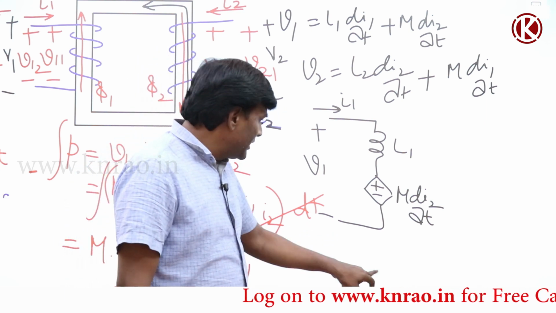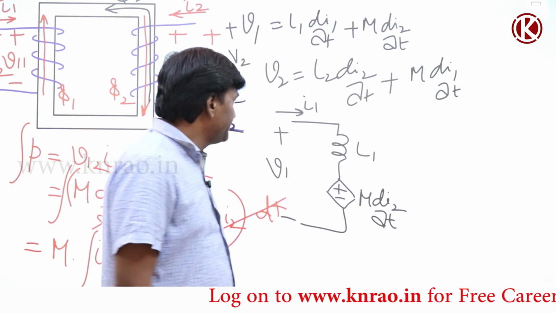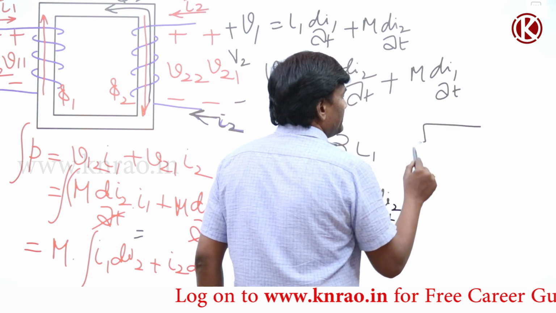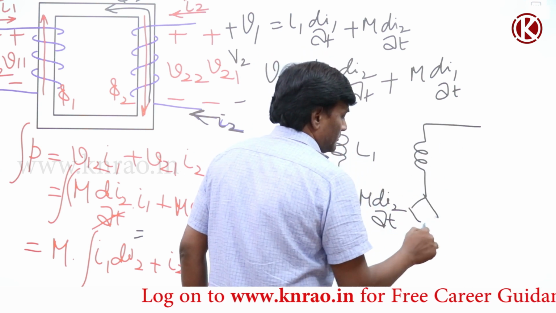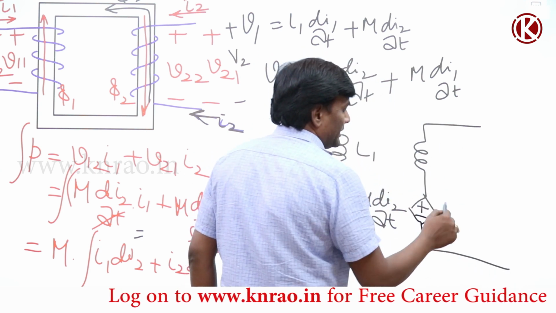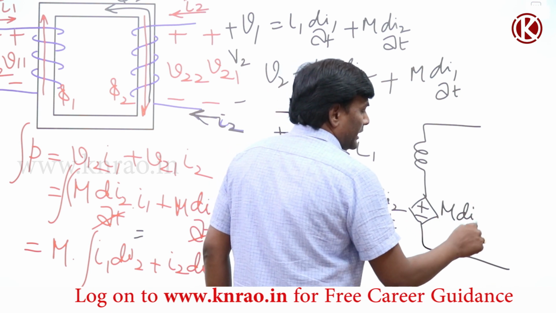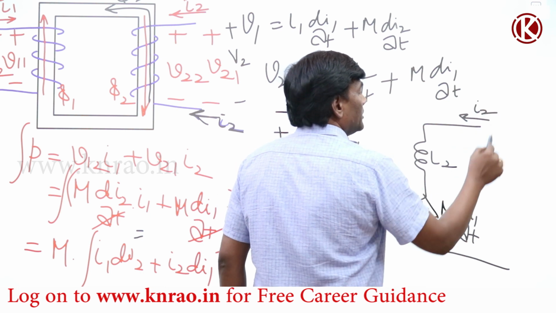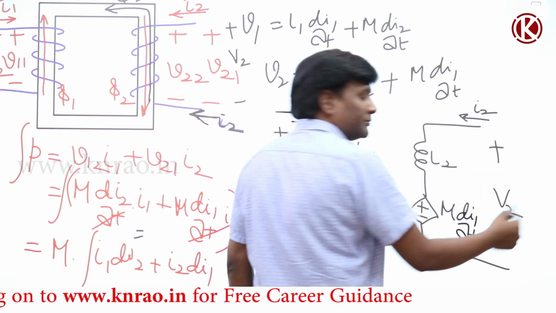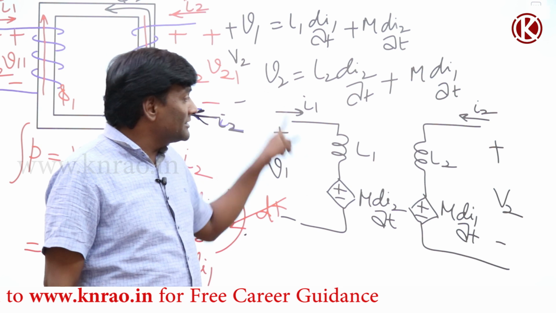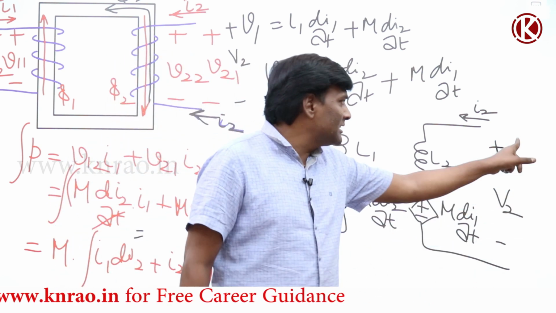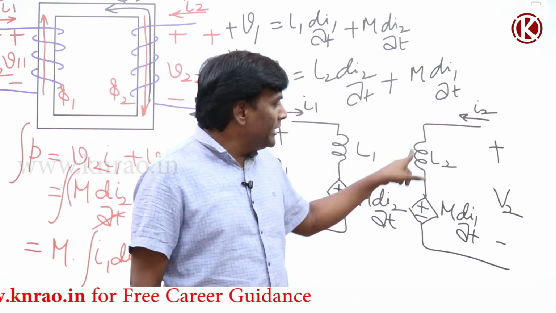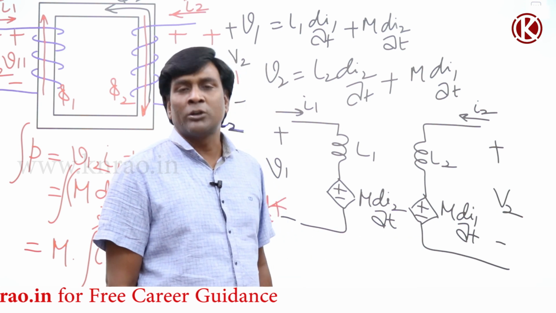Now let us try to develop the model for the second coil. Again, this plus minus M di1/dt, and this is L2, this is I2, this is plus minus V2. So the equations should be satisfied here: minus V2, or V2, equals L2 di2/dt plus M di1/dt.